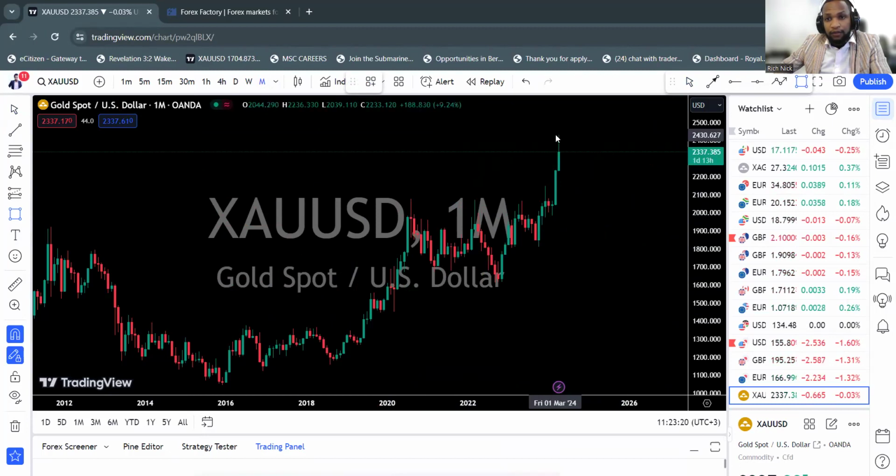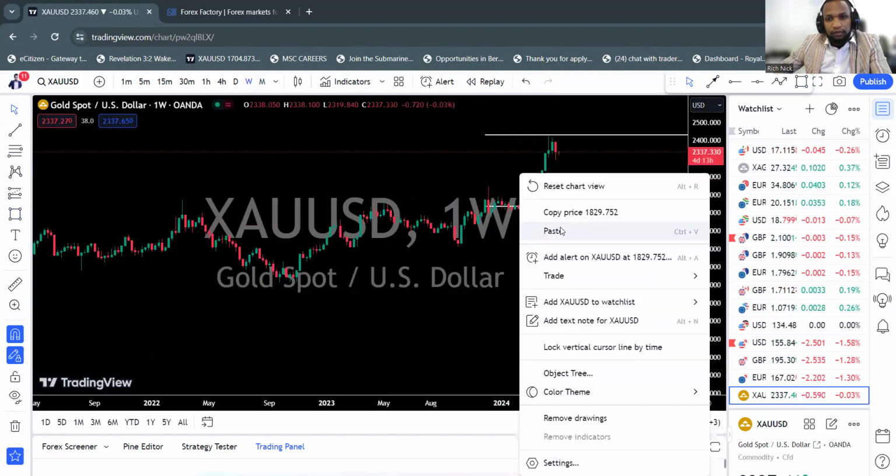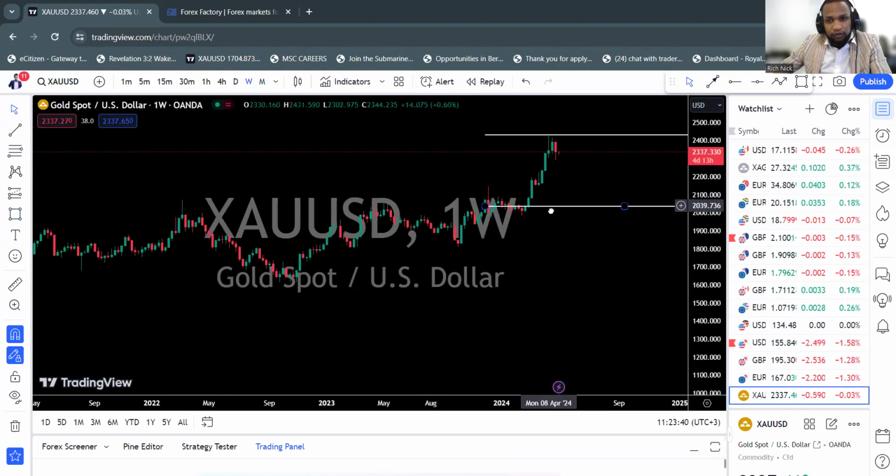Okay, so there we go. We're on the monthly chart, and here we have the monthly high and the monthly low. The most immediate low on the monthly time frame comes in over there. It doesn't change because the market hasn't made any major moves.